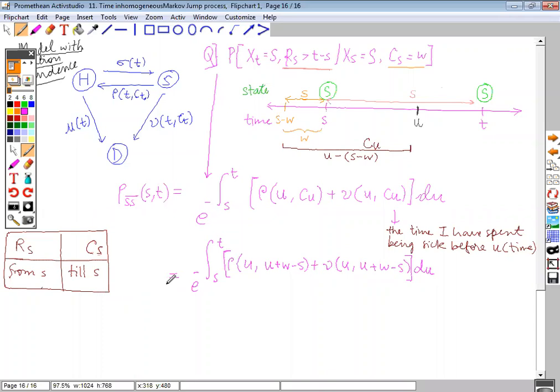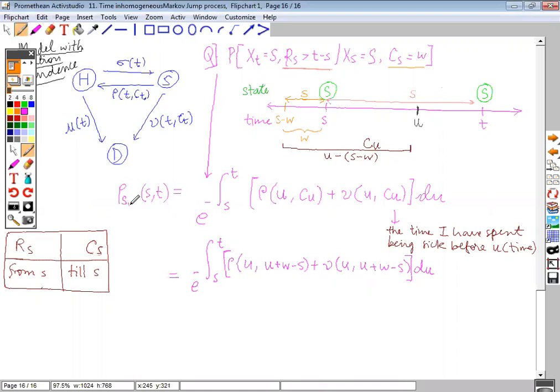So, okay, now if you have a look at this, you won't be able to tell that you were given some additional information, that you were already in sixth state at least W time before S. So to incorporate that, you do not denote this thing as S S bar.